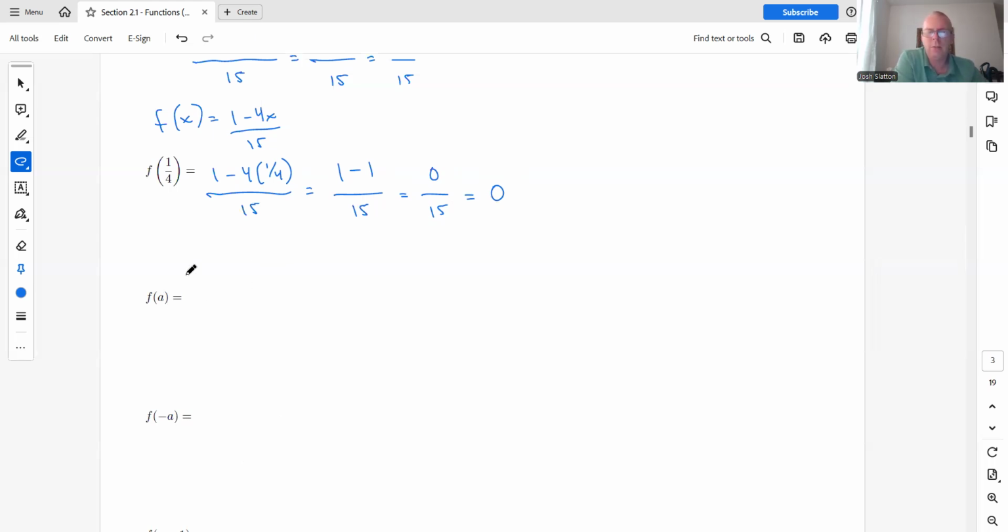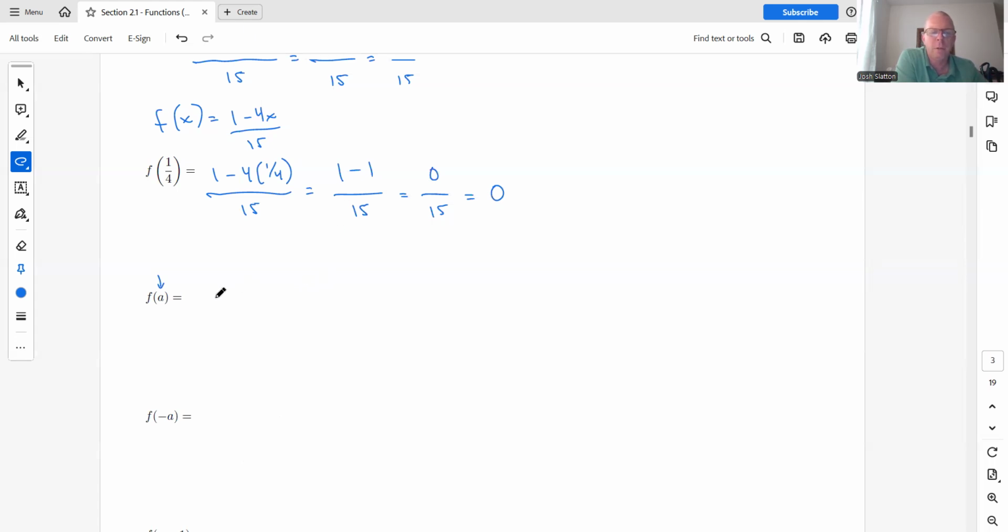F of a, so now this is where you think about what this means. So this is the input. We're going to input this into the function. And just like we did for all the previous ones so far, we plug in whatever is in the parentheses for the x and simplify, which so far we've been able to simplify.